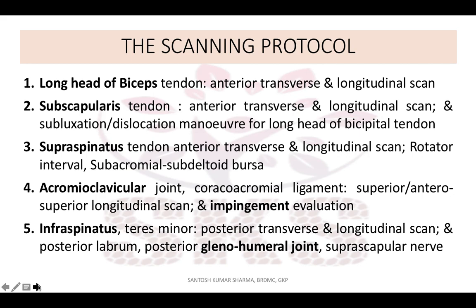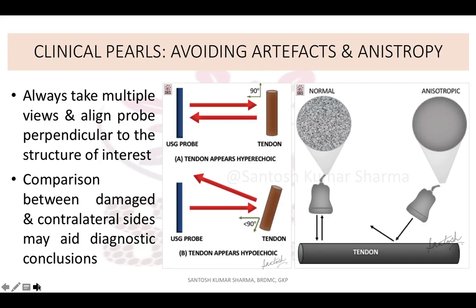A thing to be noted here is that all the tendons will be evaluated in two axes at least, which is basically the long axis and the short axis, so that no pathology is missed. Another important thing to understand here is anisotropy. So, what is anisotropy?